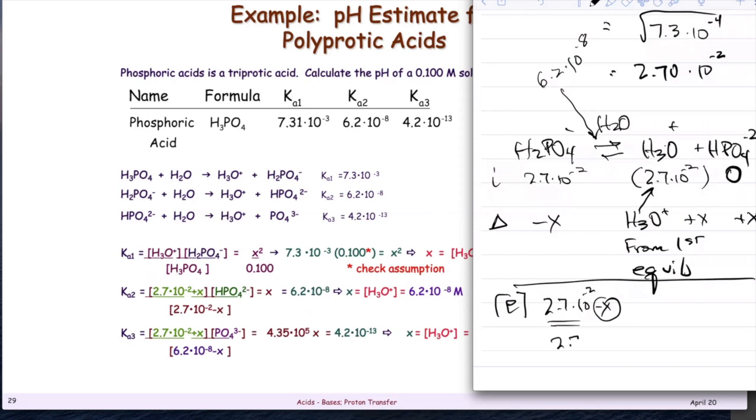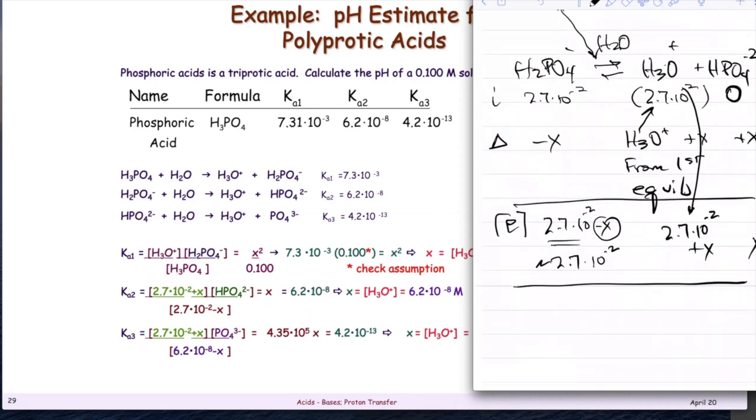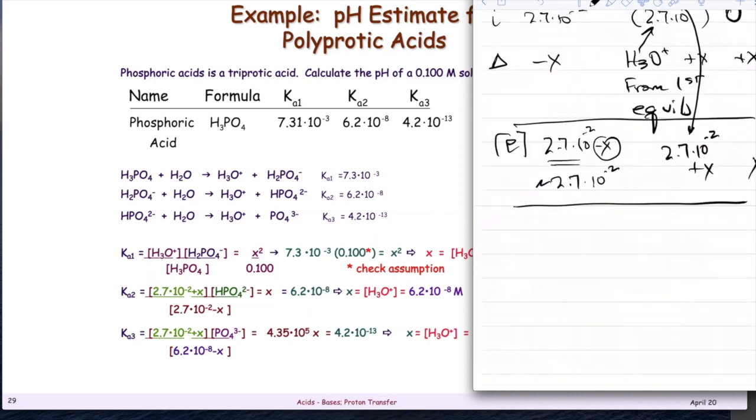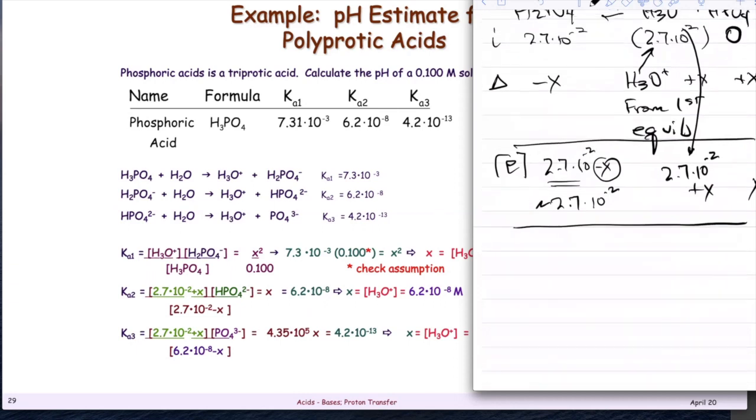So this is 2.7 times 10 to the minus 2, because again, that second equilibrium is small. The hydronium will be 2.7 times 10 to the minus 2 plus x, and this is just x.